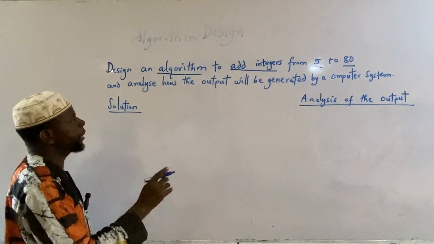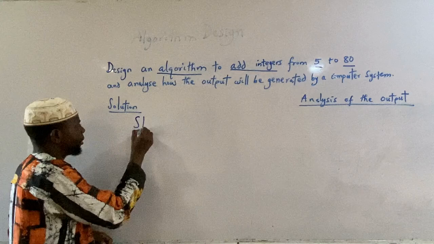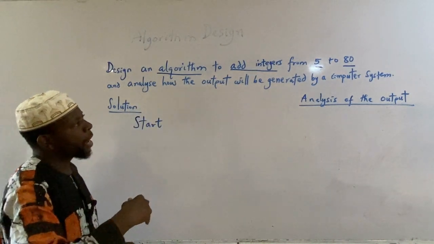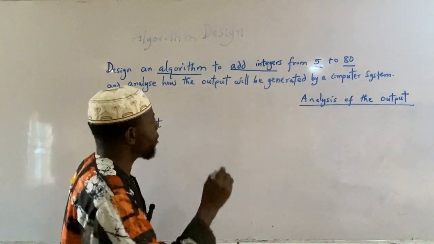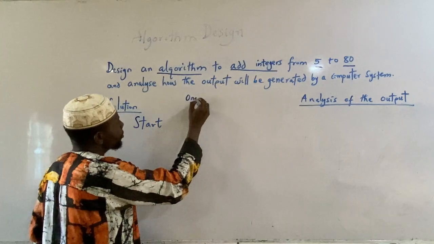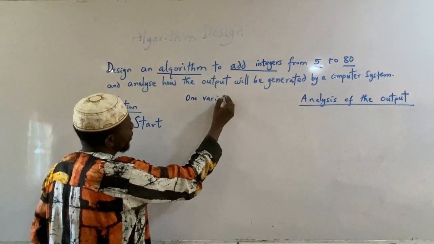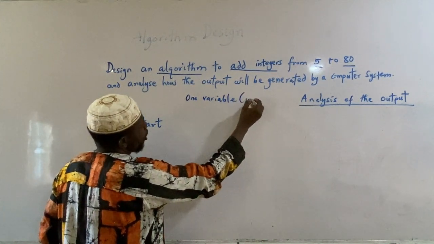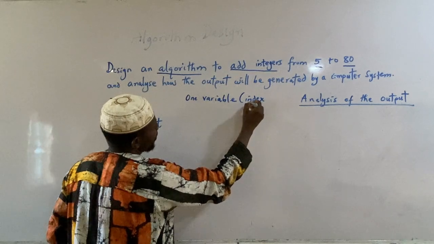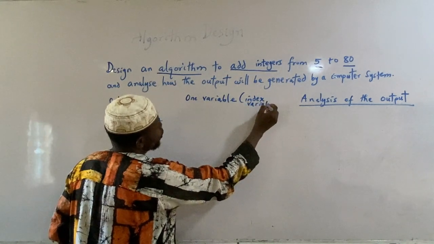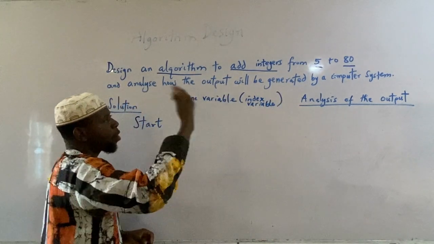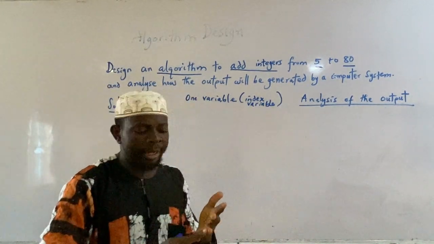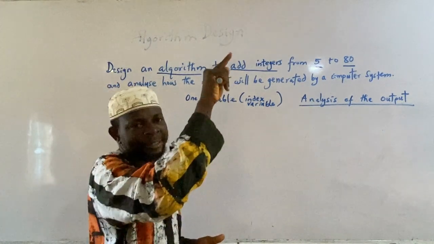So I must start my algorithm, and of course, because I'm talking about adding values, I will need one variable, which in this case we call the index variable, that will enable me to use a loop statement to accommodate all the values from 5 to 80, which are 5, 6, 7, 8, up to 80.